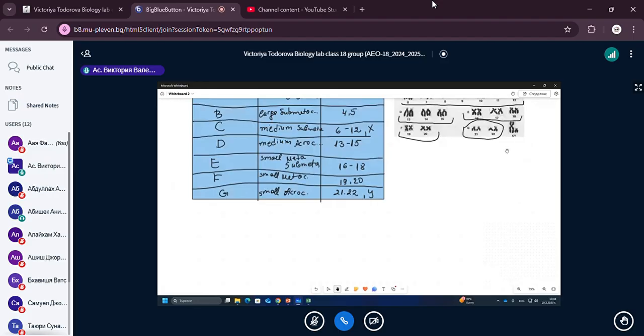And always in the karyograms, they put the gonosomes or pair of sex chromosomes at the end here.